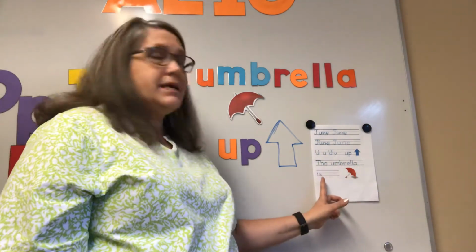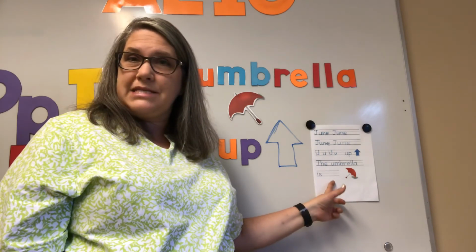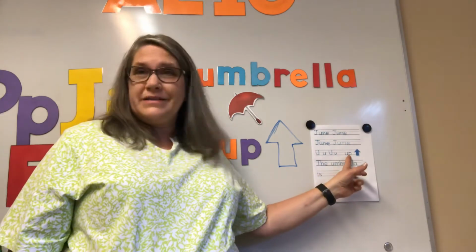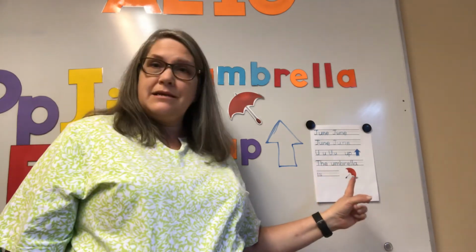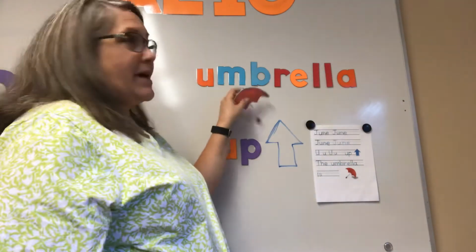So let's read it. The umbrella is, and we need one more word to make the sentence. What word should we use to make the sentence? Could we use this word? Up. Let's try it. The umbrella is up. Can an umbrella be up? Yes. In fact, this umbrella is up.